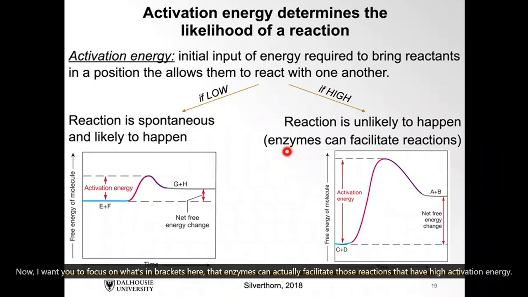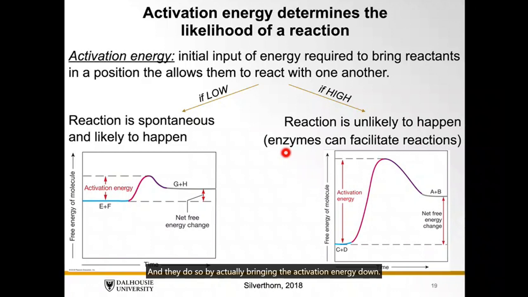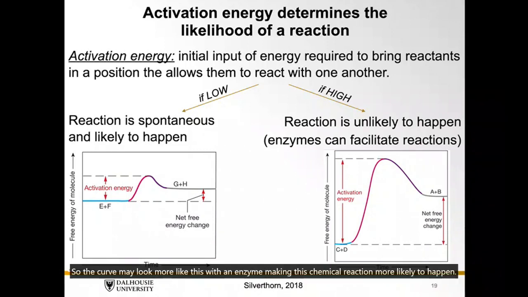Now I want you to focus on what's in the brackets here, that enzymes can actually facilitate those reactions that have high activation energy. And they do so by actually bringing the activation energy down. So the curve may look more like this with an enzyme, making this chemical reaction more likely to happen.